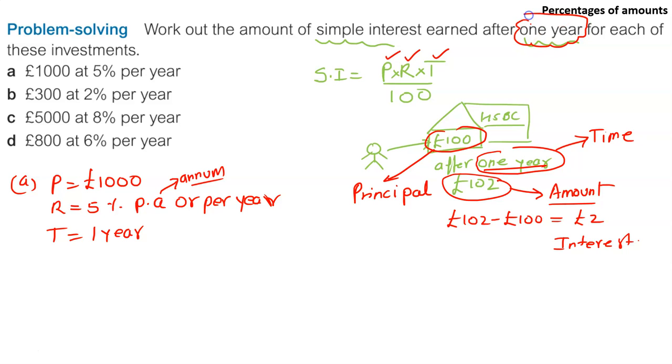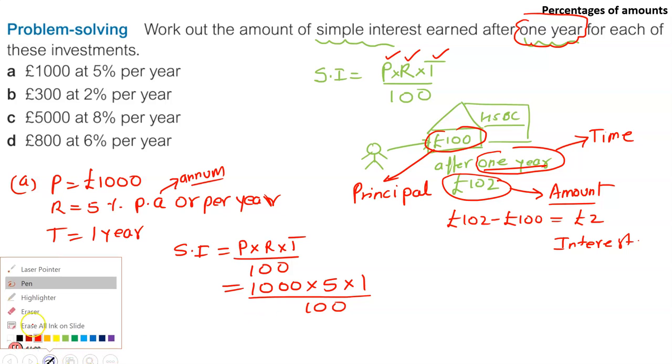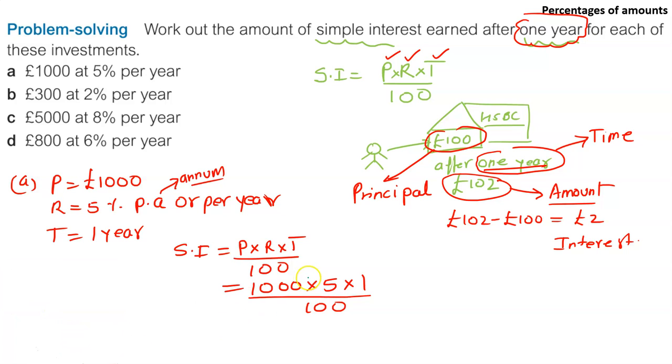1 year. Okay. So simple interest formula is P times R times T divided by 100. What is P here? 1000. Write down here 1000. Rate is 5. Time is 1 and divide by 100. So if you see, we can cancel these two zeros, top zeros by bottom zero.